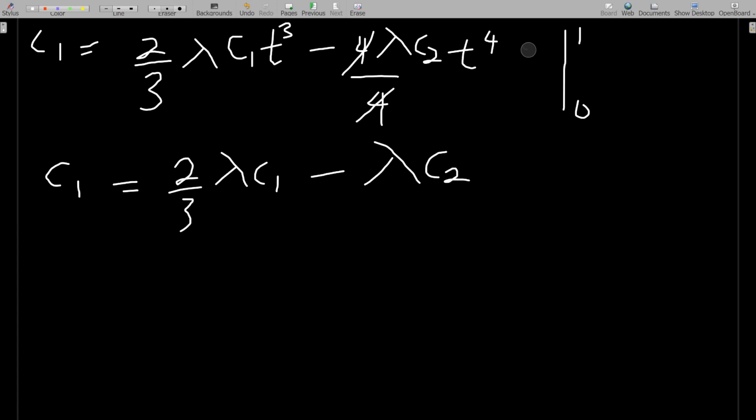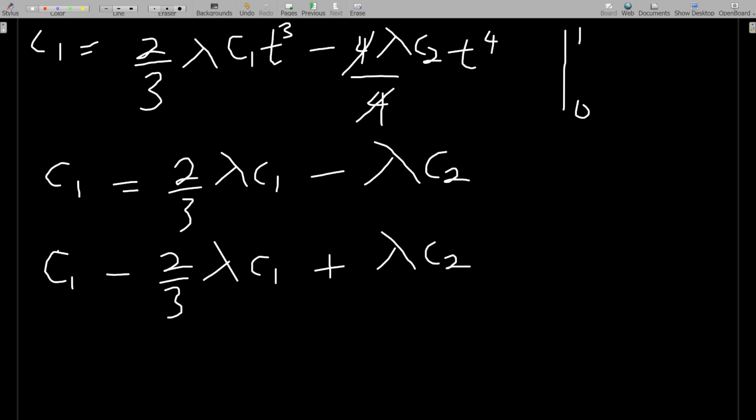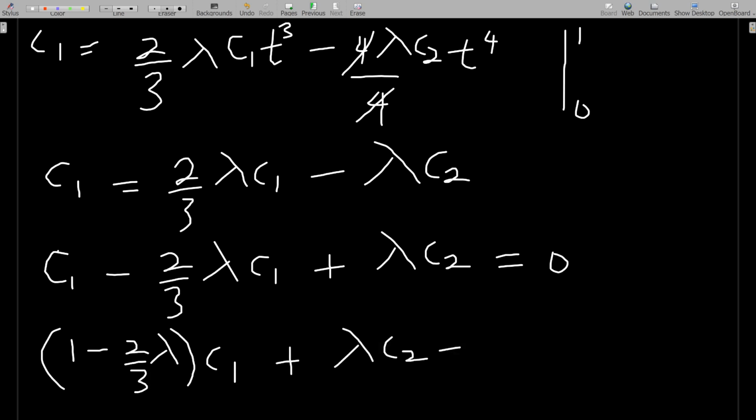So this is what I have for the first equation, and then if I take everything from the right side of the equation to the left side of the equation, I'll have c1 minus 2 over 3 lambda c1 plus lambda c2 is equal to 0, and I have 1 minus 2 over 3 lambda, then c1 plus lambda c2 is equal to 0.